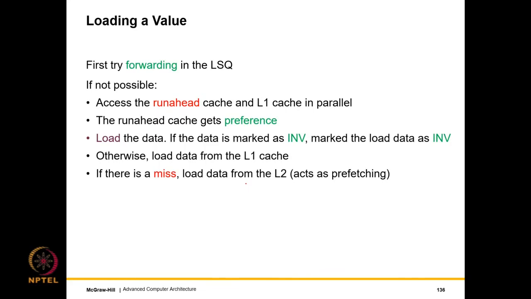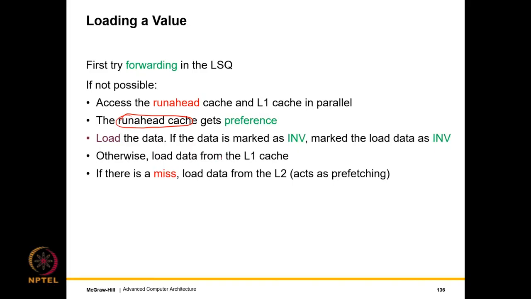Loading a value will be the same. First try forwarding in the LSQ. If it's not possible, we access the run ahead cache and L1 cache in parallel, but of course the run ahead cache gets preference. We load the data. If the data is invalid, we mark the load data as invalid, right? Otherwise we load data from the L1 cache.